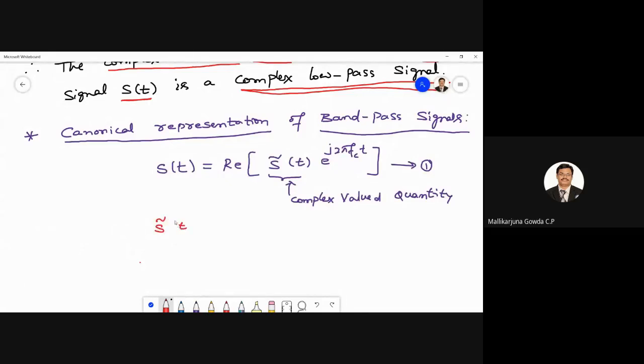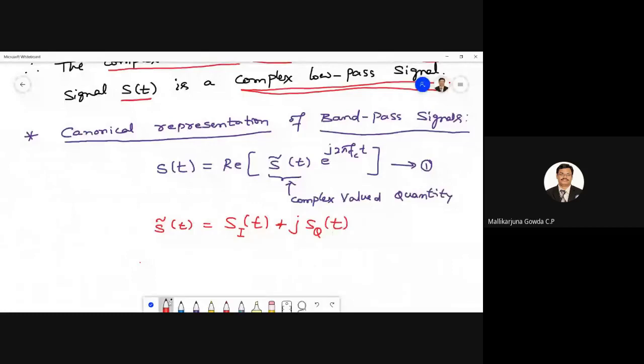So I can write this s tilde of t, it is a complex quantity, in Cartesian form as s_I of t plus j into s_Q of t.